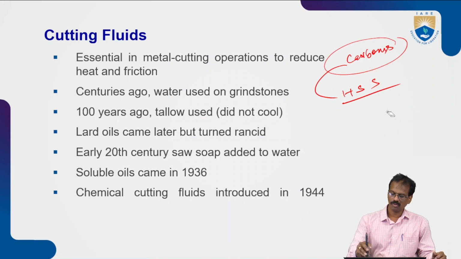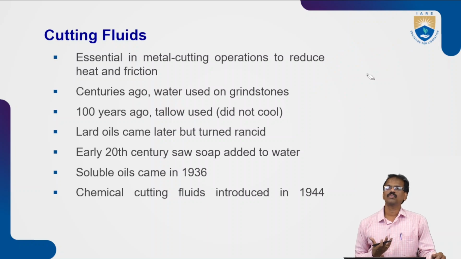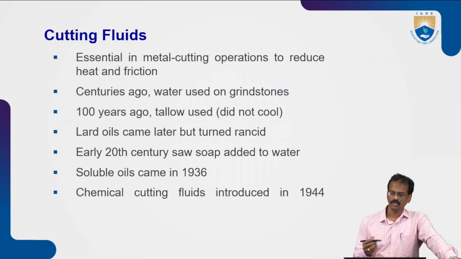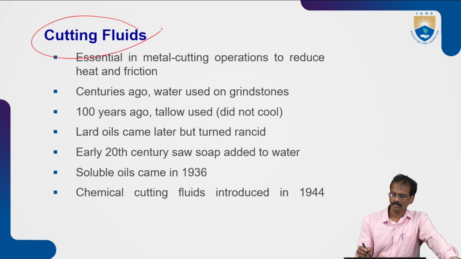To rectify or reduce this problem, we have to decrease the temperature of the tool bit during the machining process. To reduce the rising temperature of the tool bit, we have to use cutting fluids, because we know the process.